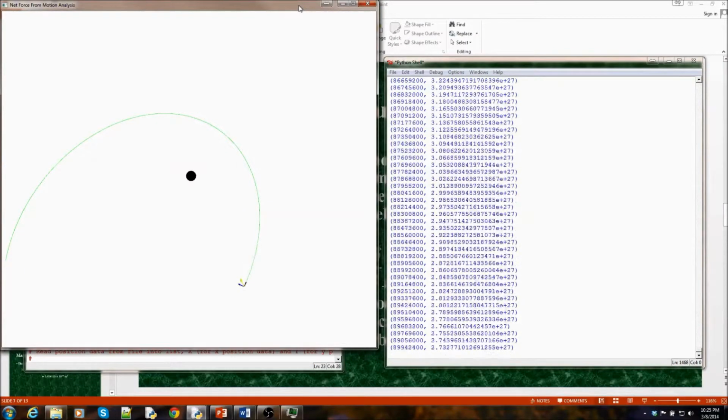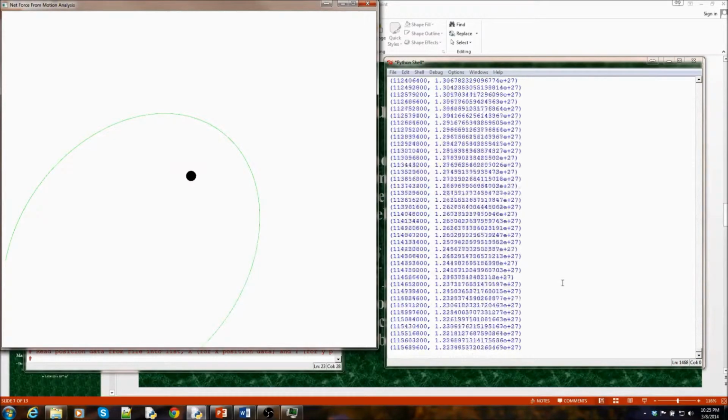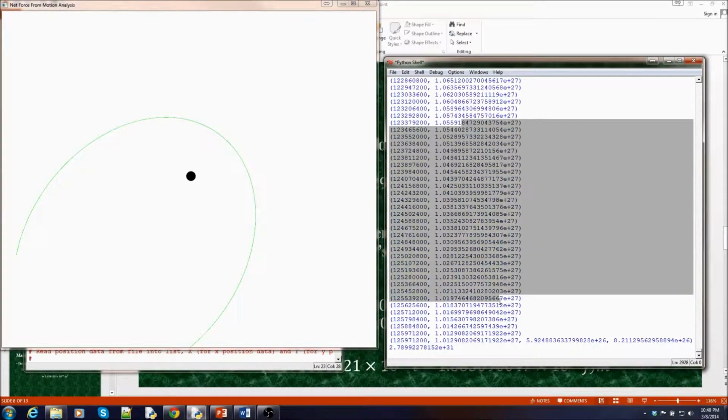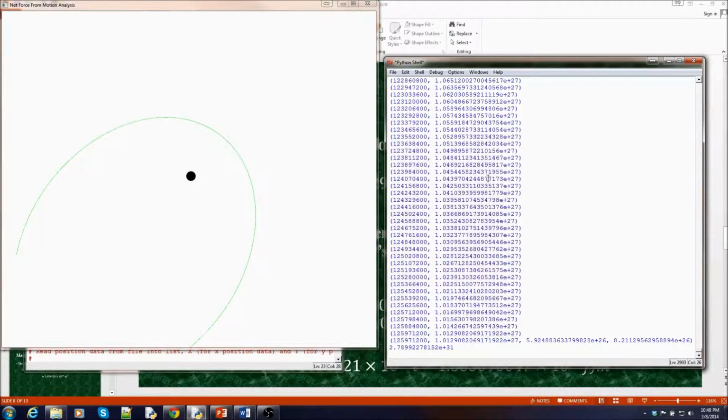The values printed out here are the magnitude of the net force at each time interval. This value down here is the net force that will be used to calculate the mass of the black hole, which is also shown down here. Since the model here uses the same procedure as described earlier to iteratively calculate the net force, it does a very good job calculating and predicting the motion of the star.